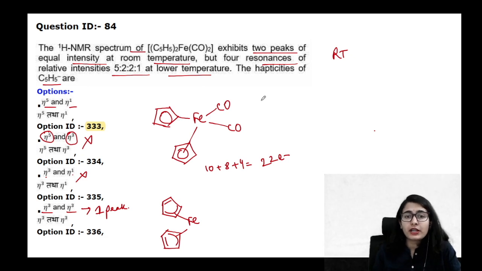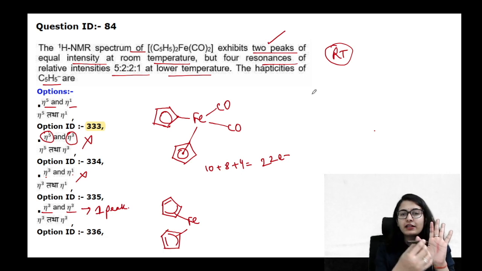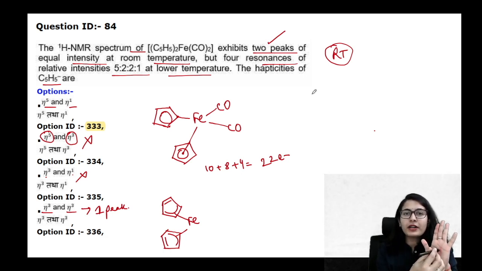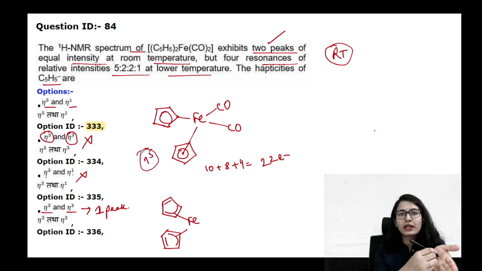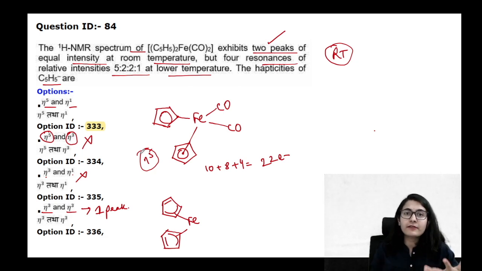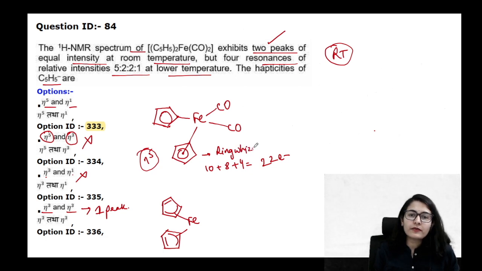Now there are two important concepts that you have to know. At room temperature, even if I am getting only two peaks of equal intensity, eta 5 means the center is at one ring. The bond is with the pi electrons, the 5 electrons, in this eta 5 ring. So the ring can actually rotate around like this, which is known as ring whizzing, and because of that all the 5 carbons will appear the same.